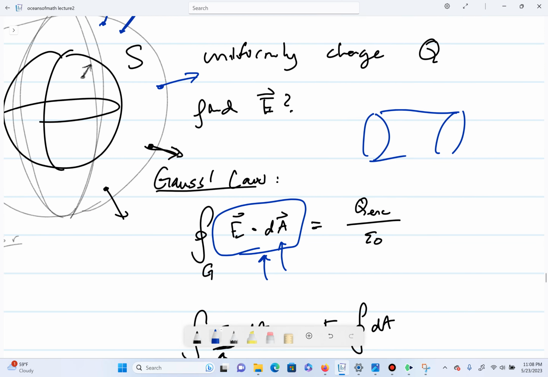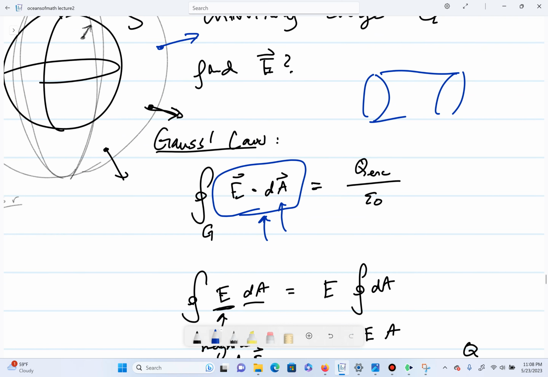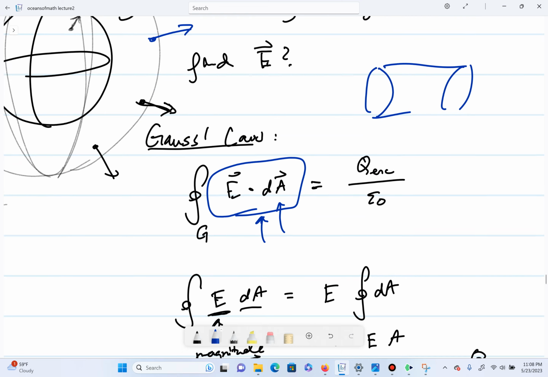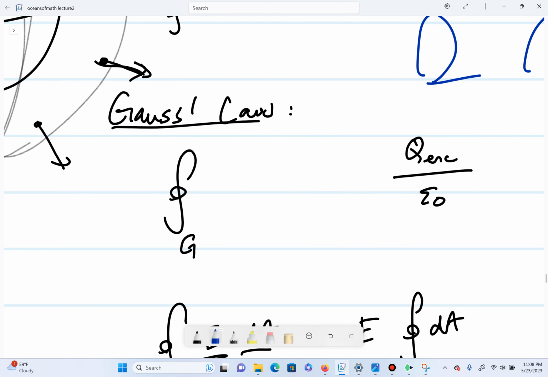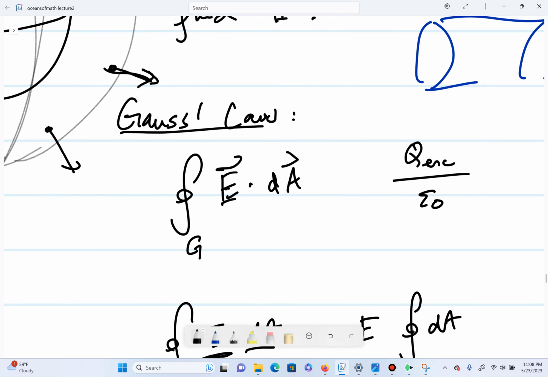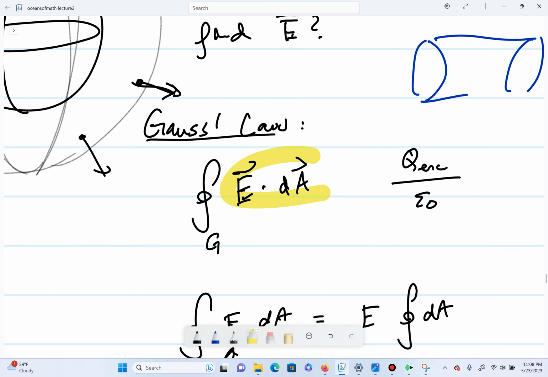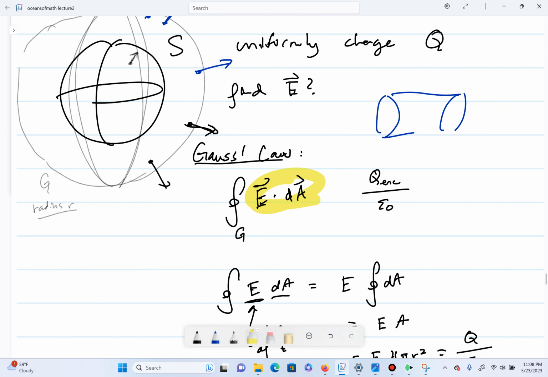Whatever the case may be, if I can find that symmetry and then create a Gaussian surface that exploits that symmetry by making this dot product very easy to compute, so easy that it just gets destroyed right off the screen, then Gauss's law is extremely useful.